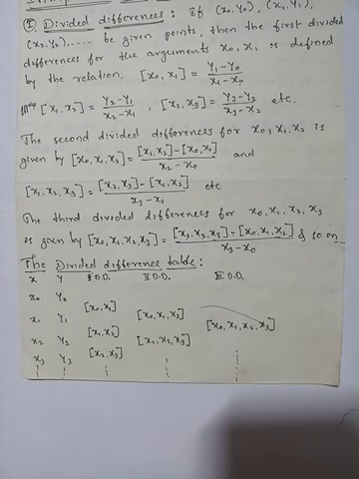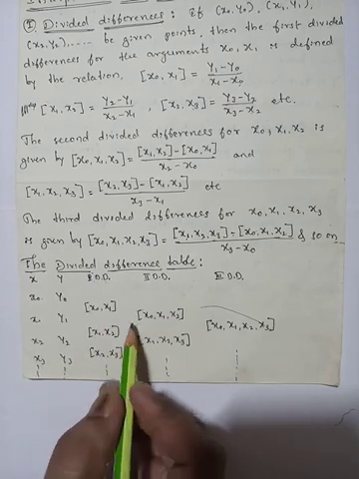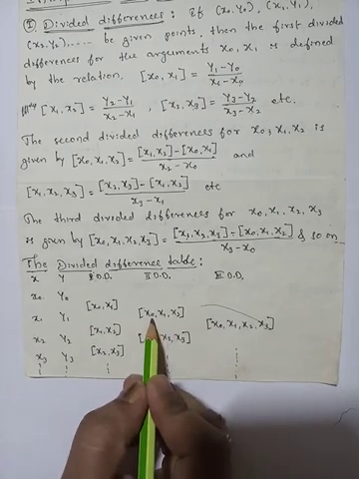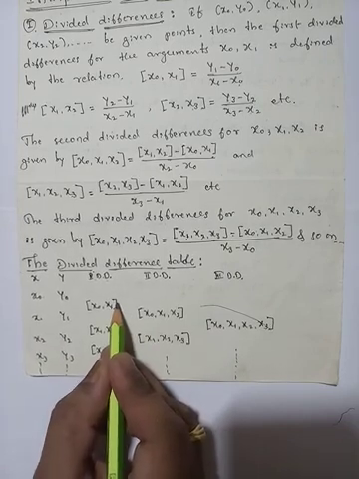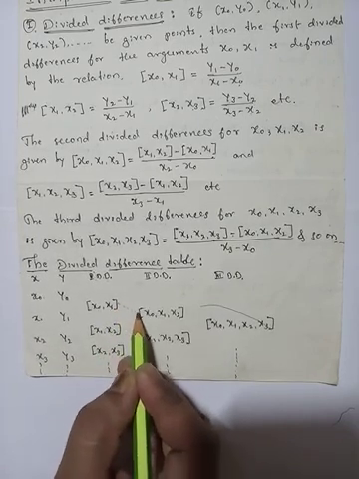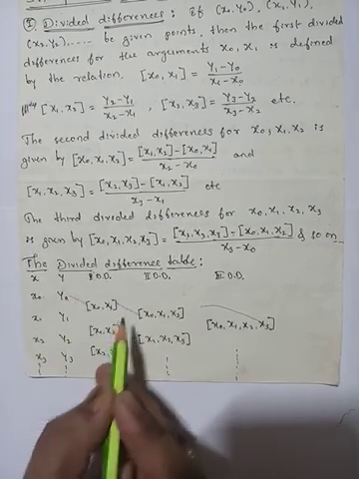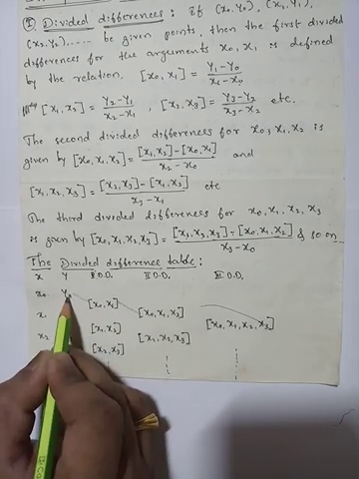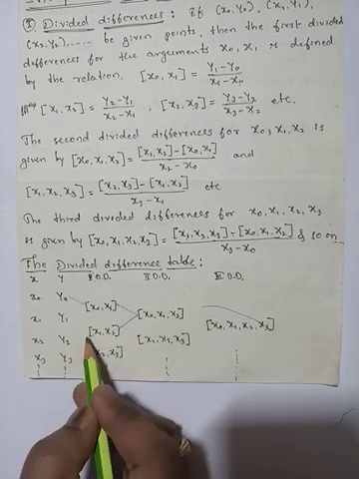Then how do you take the differences of values of x? I just tell you one simple technique. Here we are writing the second divided difference, so this value minus this. From this we take a cross line, from this to this, up to the value of y, and then again another cross line.